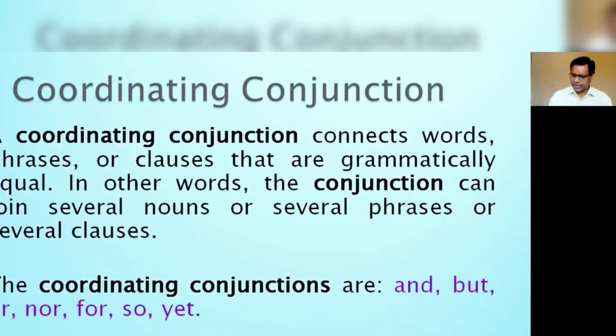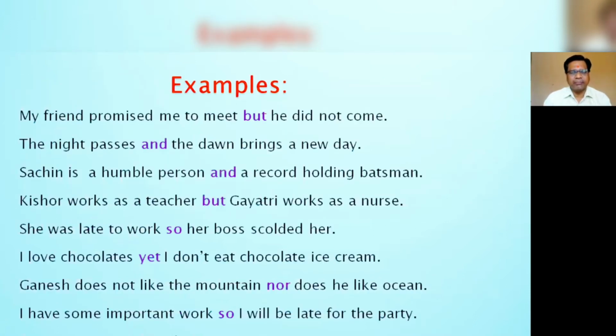So let us try to understand how we really form a compound sentence. See here, my friend promised me to meet, but he did not come. Here, my friend promised me to meet is one clause, which is an independent clause that has a complete meaning.